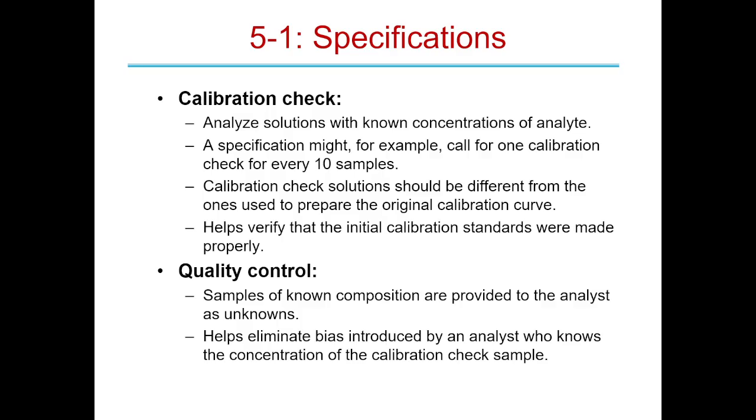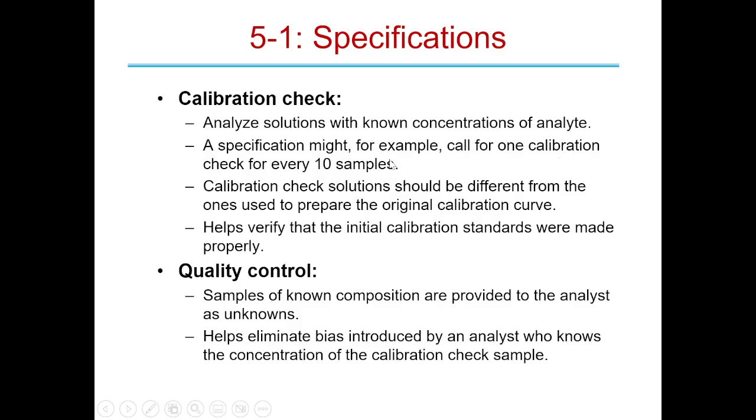So, calibration check. This is going to analyze solutions with known concentrations of analyte. A specification might, for example, call for 1 calibration check for every 10 samples. So every 10 samples you do a calibration check. And you'd see if your calibration is shifting over time, which happens a lot. So it is actually a very good thing to do.